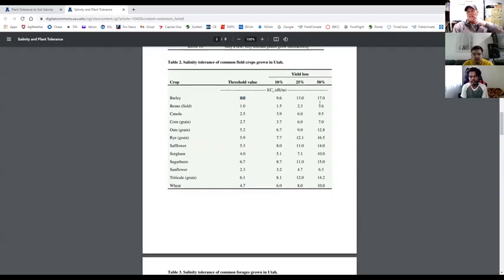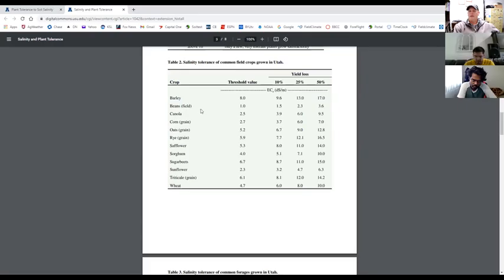If we had an EC in the soil of 8.0, we'd call it saline, wouldn't we? Yeah. But barley, you can go all the way up to an 8 without having any yield loss. Once you get up to like a 9.6, then you're starting to see yield loss, a 13 and a 17. But barley is the prime example of a salt tolerant crop.